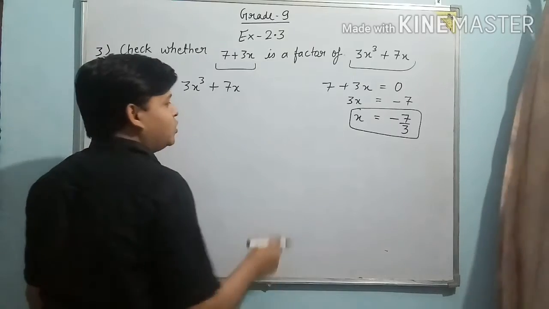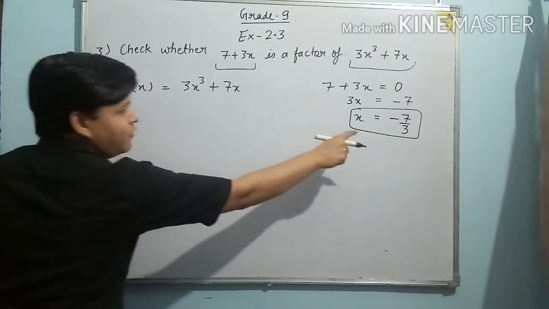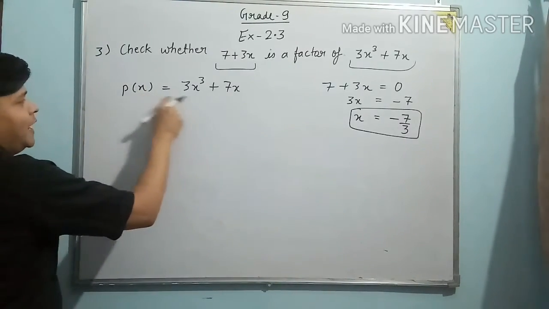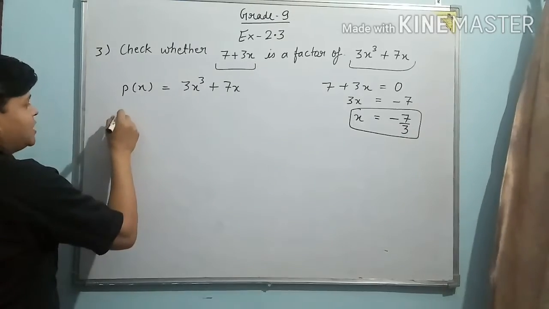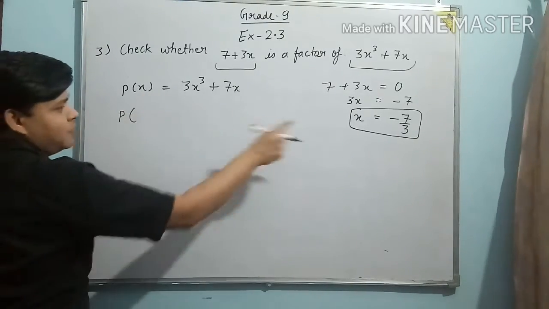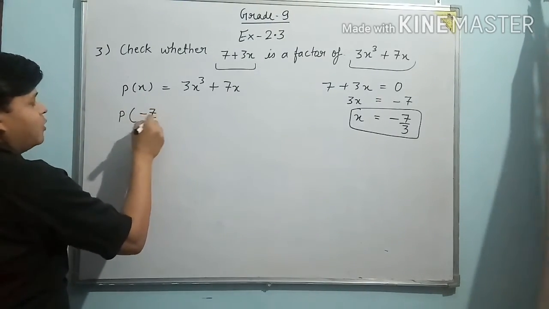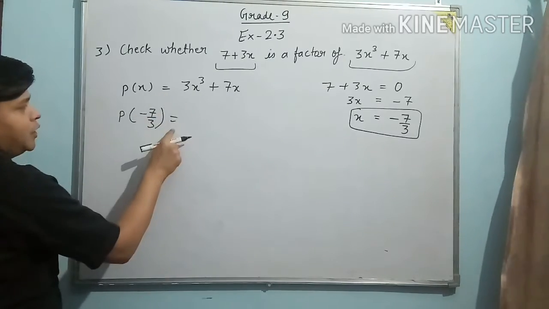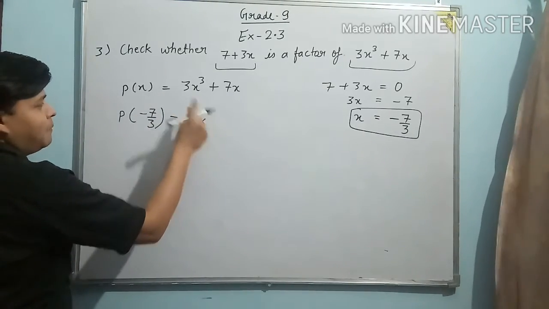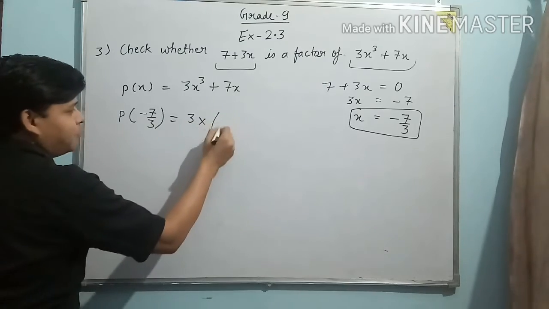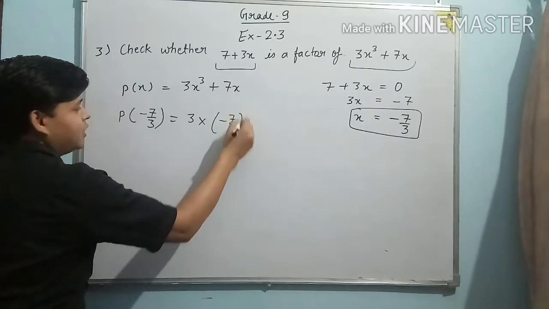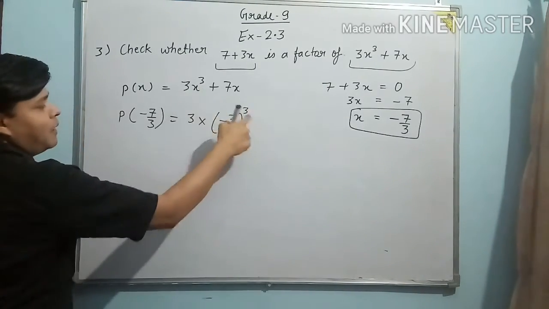Now we will substitute this value of x in place of x wherever we have x here. So let's put p in place of x. We are going to put minus 7 upon 3 equal. So 3 multiply, in place of x I'll put here minus 7 upon 3. And we have a cube over it, power is 3.